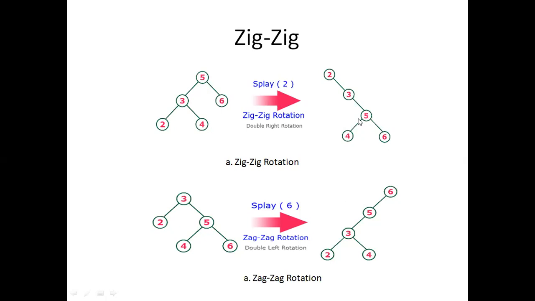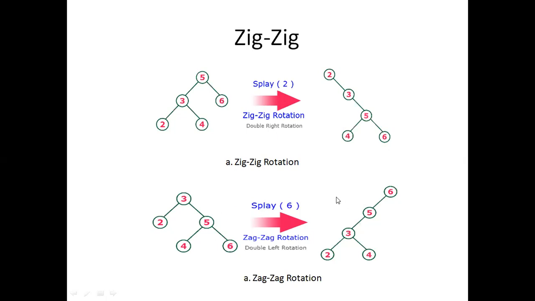Okay, now the case is Zag-Zag rotation. Here the element which we want to access is the right child of its parent, and that parent is a right child of the root node. That is the case of Zag-Zag rotation. So here first we have to perform left operation on the grandparent node, and then left operation on the parent node.